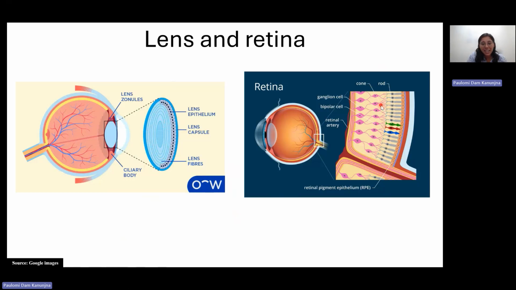And then you have the ganglion cell layer, which is very important, which is the ganglion cell bodies here. And the bipolar cell, I already mentioned. Now, these cells are important when we will look into the electrophysiology of the eye. Okay. And lastly, you have the nerve fiber layer, which is basically the axons of ganglion cells. If you see here, these ganglion cells are the ones that finally form the optic nerve.